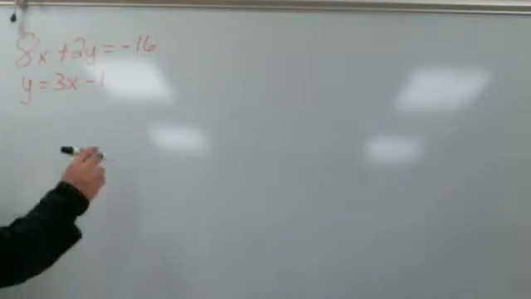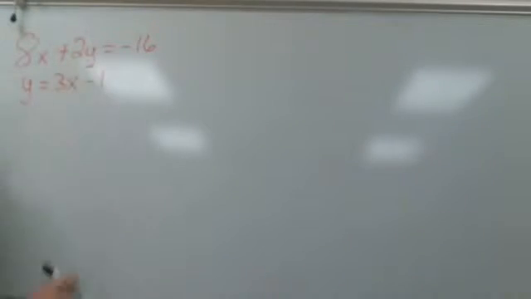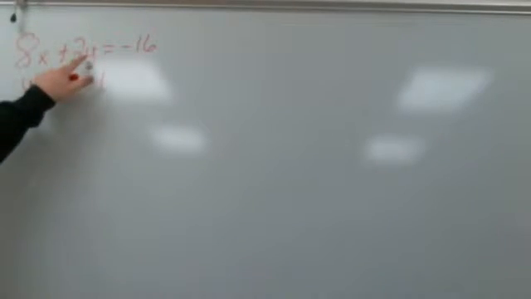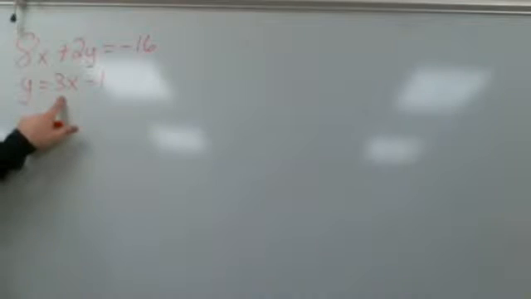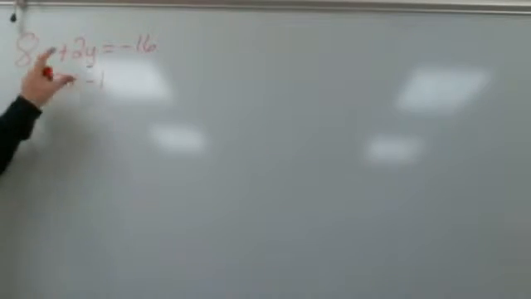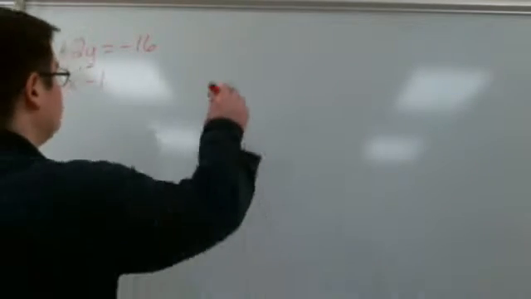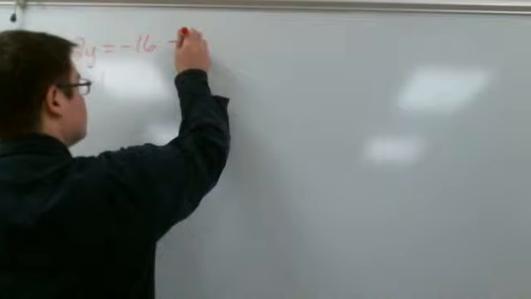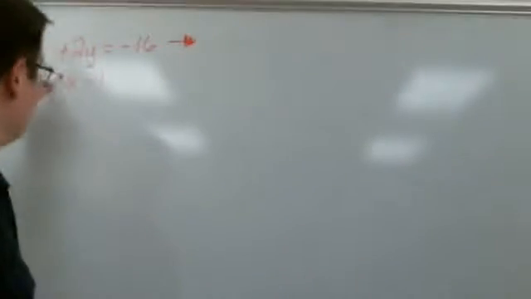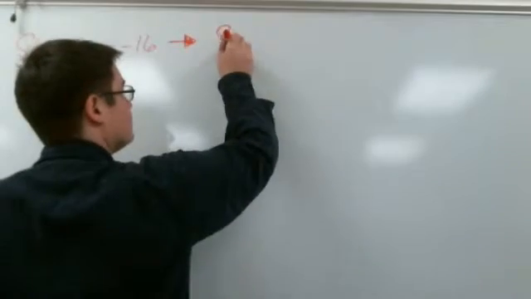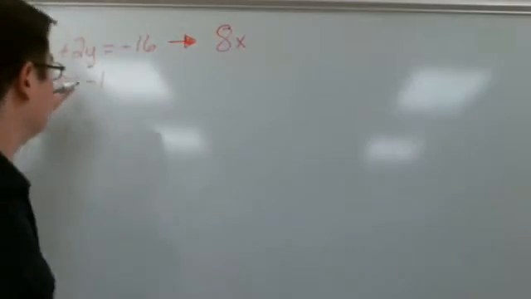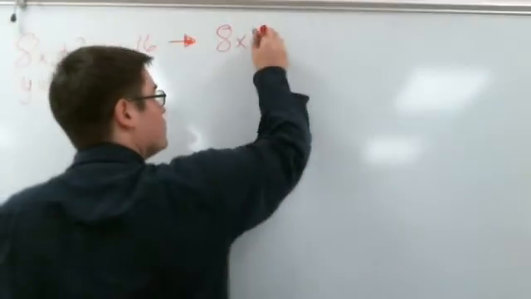So if I look up here at the first one, I have a y there. Instead of putting a y there, I can replace it with 3x minus 1 because they're equal to each other. Performing that substitution, 8x stays the same, plus 2.